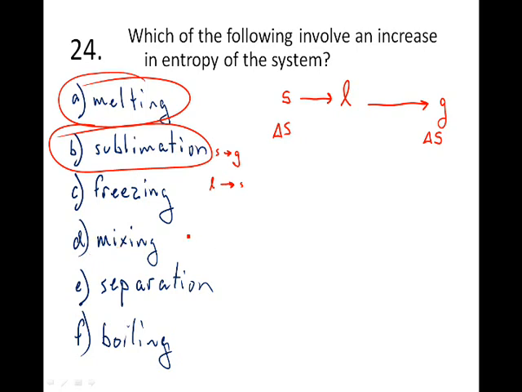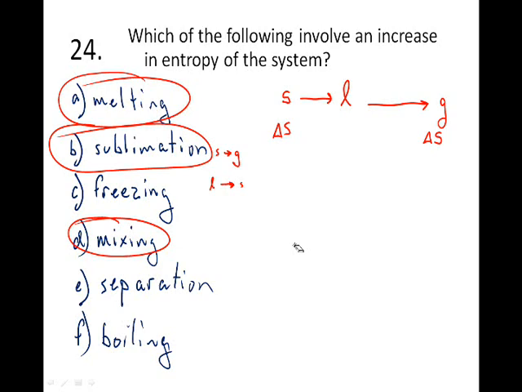Mixing is an increase in entropy, because in the cases we've looked at in the textbook, mixing may have been things like a gas in separate bulbs of a container with a valve removed so that we mix them, or mixing a couple things like alcohol and water and stirring them all around. Mixing is going to increase the entropy.